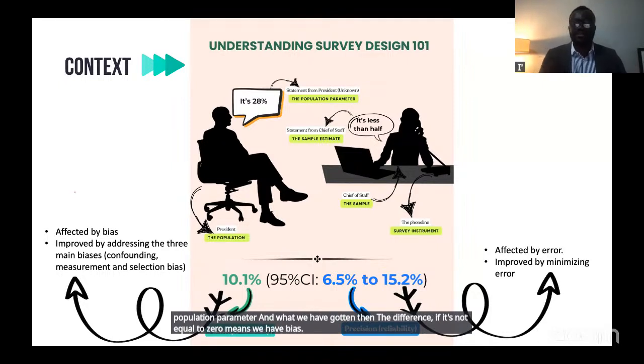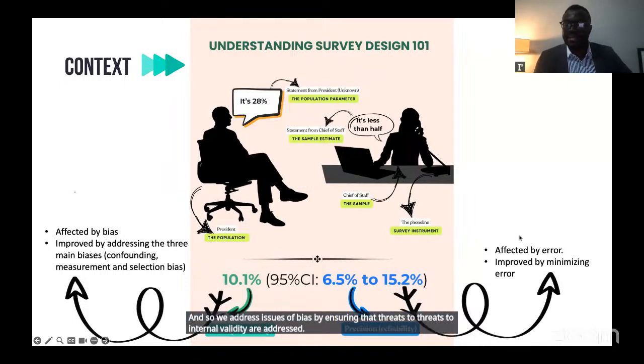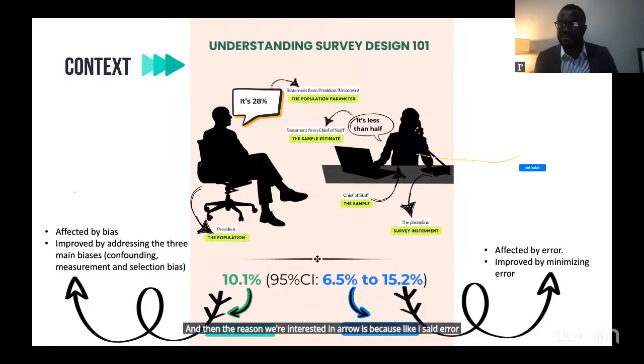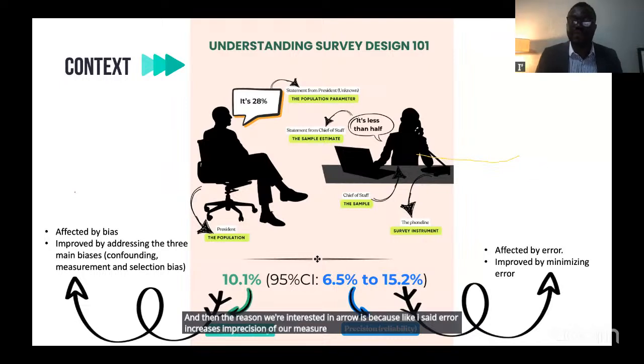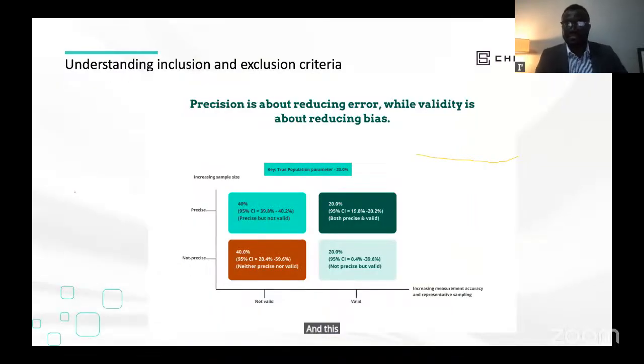And so we address issues of bias by ensuring that threats to internal validity are addressed. And then the reason we're interested in error is because, like I said, error increases imprecision of our measurements, right? And so that's why we're interested in both addressing issues of error and issues of bias. And this is how we address them.